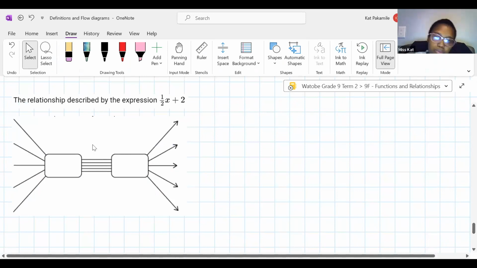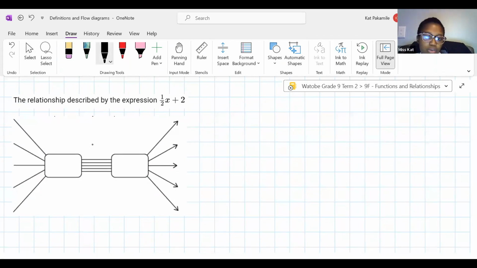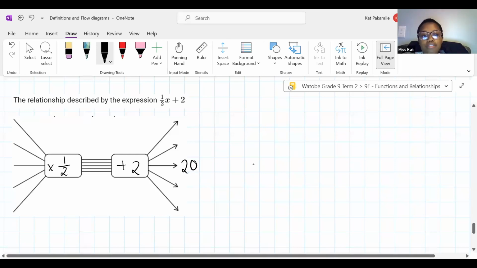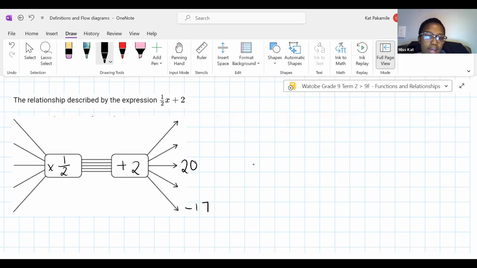There we go. So in this case, what are we doing? You either say times a half or divided by 2. That's up to you. Plus 2. Okay, let's choose our inputs. I am going to choose a random output of 20 and one of negative 17, just because I can.